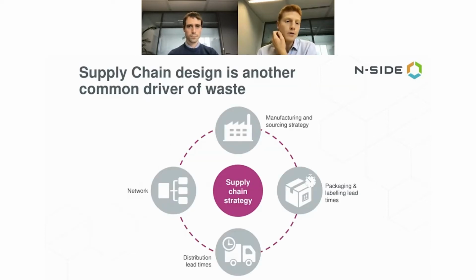The second point is the supply chain design. And as I like to say, if we were able to manufacture and to ship the kits instantly, we would have no risk of shortage and we would have no waste in our trial. Unluckily, the reality is a bit more complex than that because the supply team has to deal with a lot of constraints.